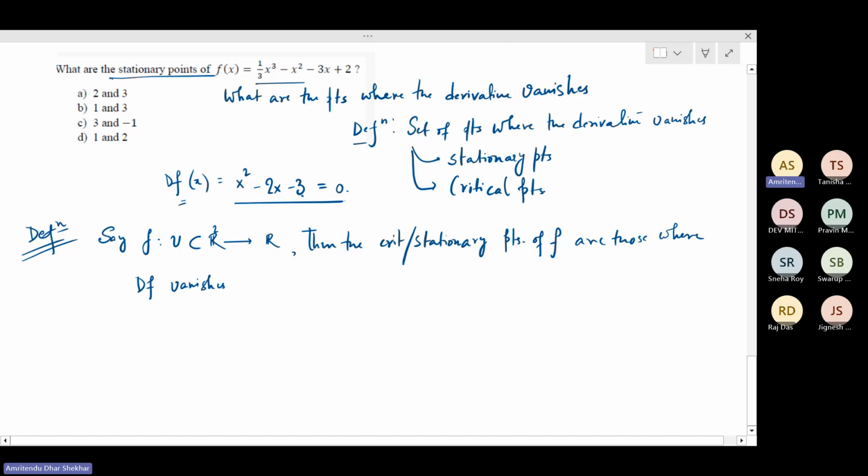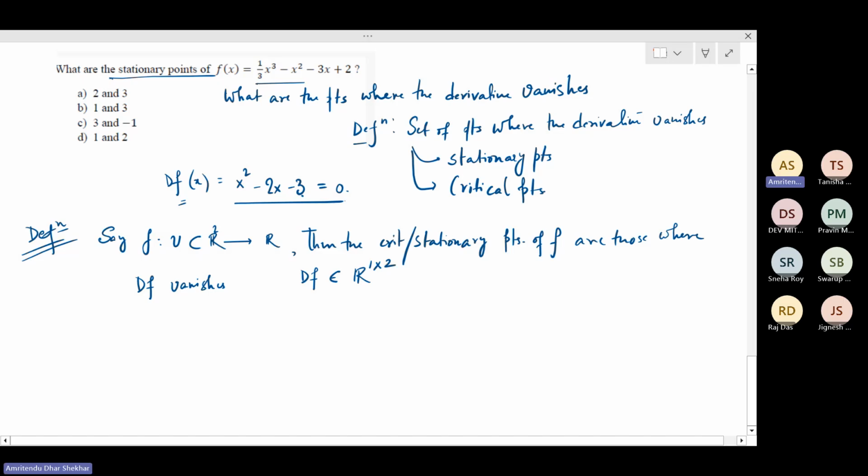Okay. Now, basically, what is d of f, right? If f is a function of two variables, then d of f is a 1 cross 2 matrix.